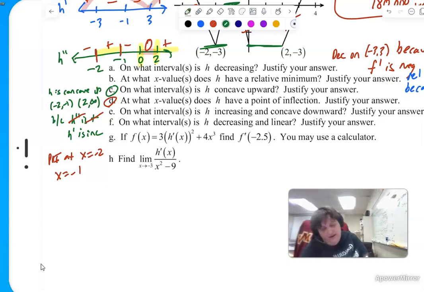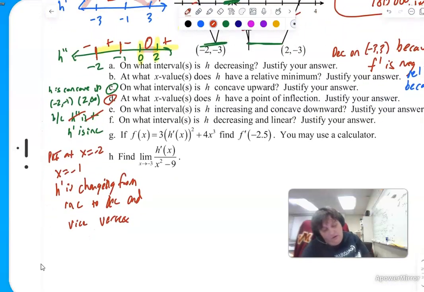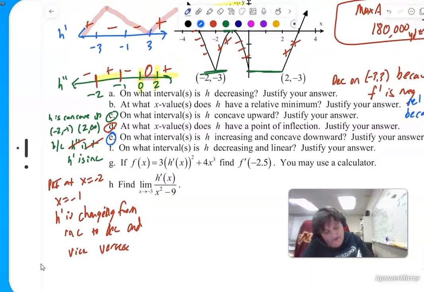I have to write something about H prime. So I'm going to say H prime is changing from increasing to decreasing and vice versa. Okay? All right.